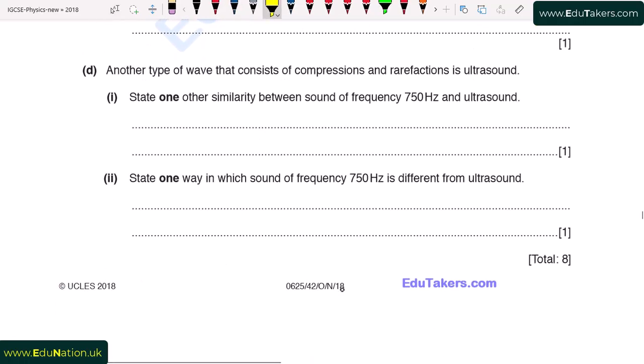Part D. Another type of wave that consists of compressions and rarefactions is ultrasound. So basically the key point is that there is another wave, ultrasound, and it also comprises compressions and rarefactions. Part 1, state one other similarity between sound of frequency 750 Hz and ultrasound.